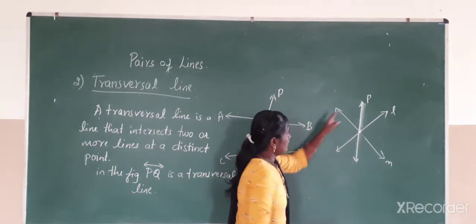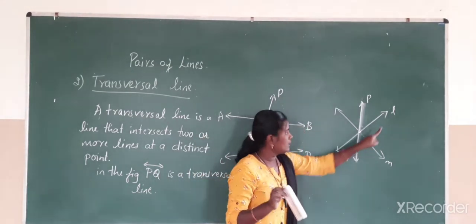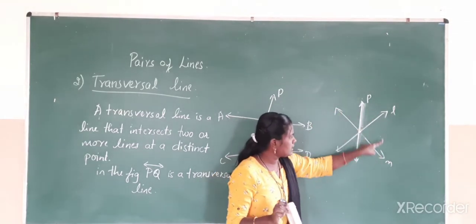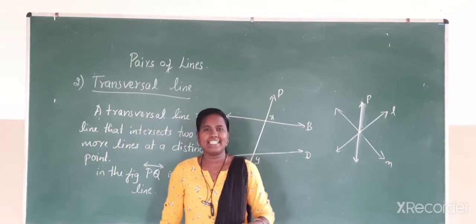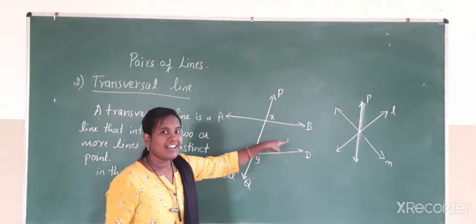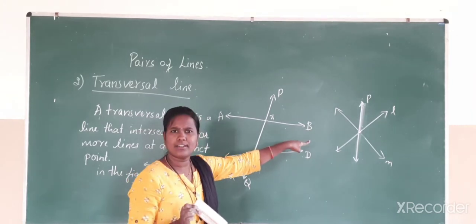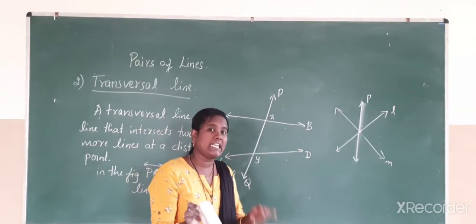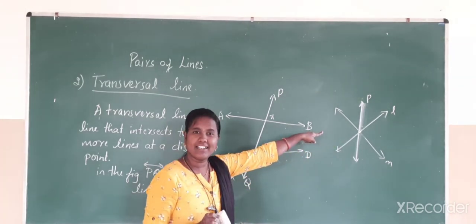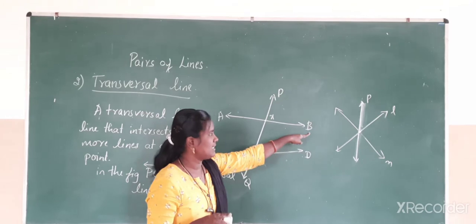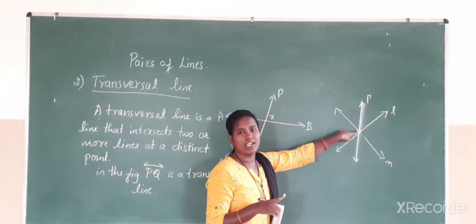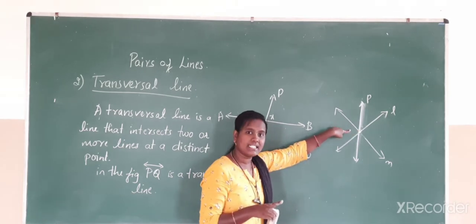This is line P, this is line L, and this is line M. Are these three lines intersecting lines or transversal lines? No, because a transversal line is only one line. But these are intersecting lines because these have a common point. Therefore these are called intersecting lines.